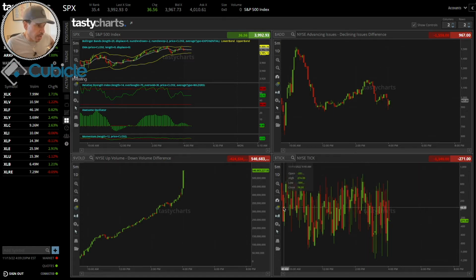Anytime this particular indicator is primarily above zero, that's a bullish sign, particularly if this reading is above 500, which it was. When that reading is above 500, that's extremely bullish. So everything was pointing to bullishness, if you will, right?